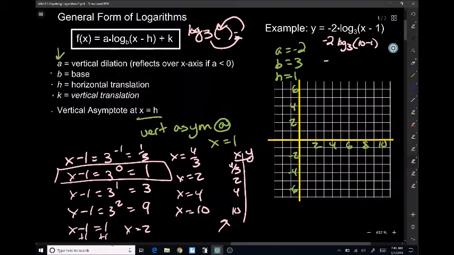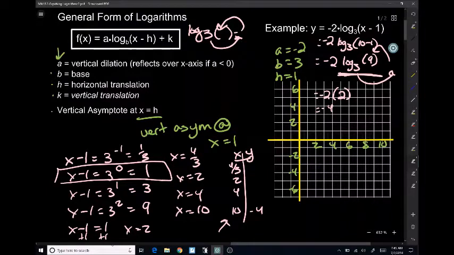Well, 10 minus 1 is 9, which is very nice, because the log base 3 of 9, we can easily calculate. This is asking the question 3 to what power equals 9, and that power is 2. So it's negative 2 times 2, which is negative 4. I get the point 10, negative 4, which is here.